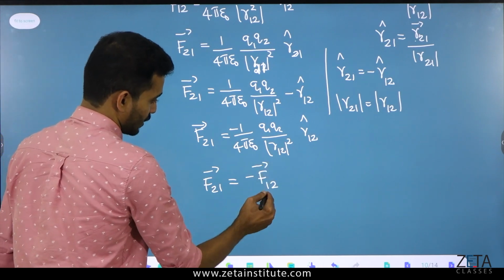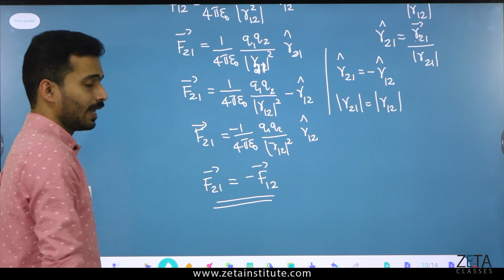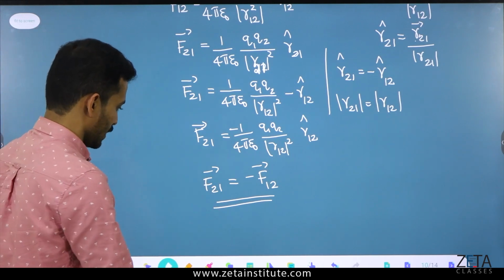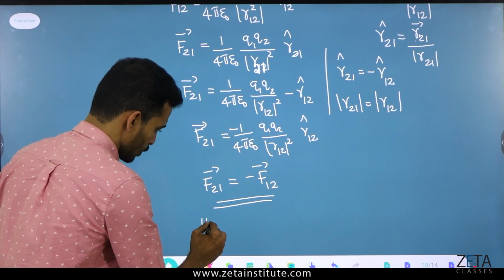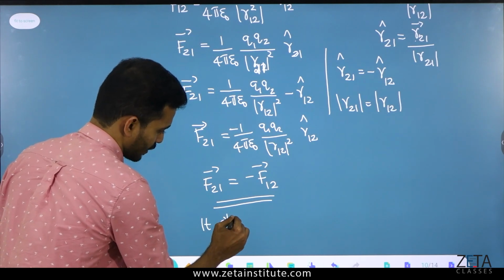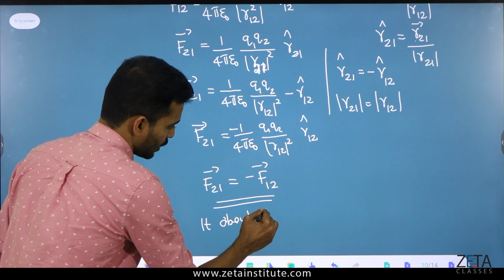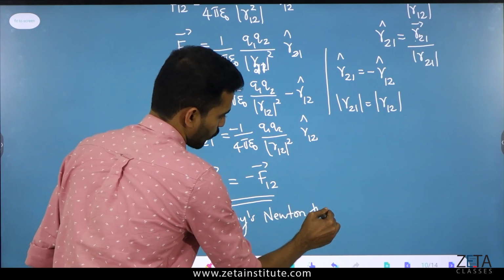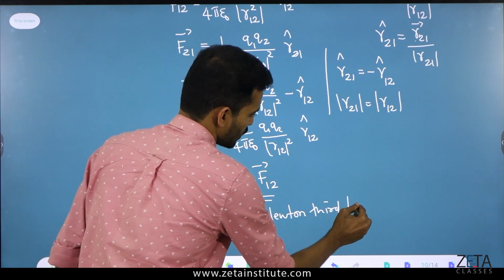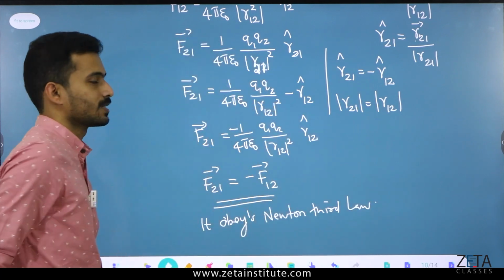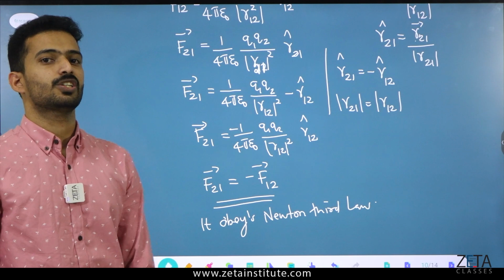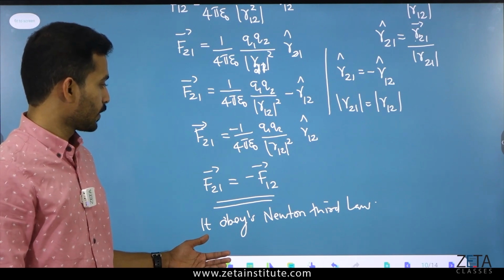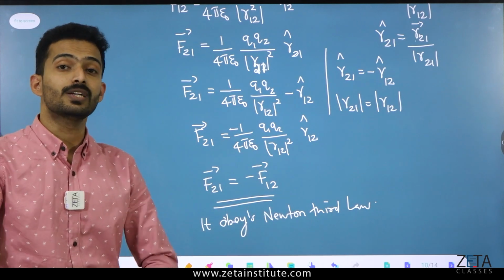That means these forces are equal and opposite. It means Coulomb's law obeys Newton's third law, because the forces are equal and opposite. So for the examination, you may have to prove that Coulomb's law obeys Newton's third law.